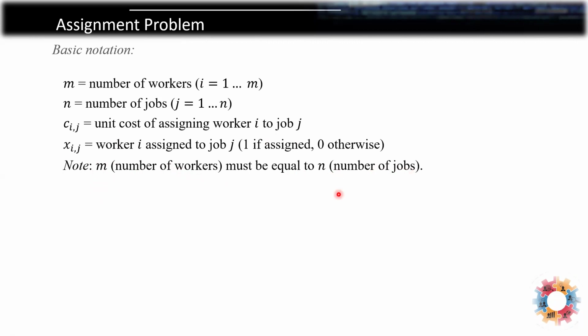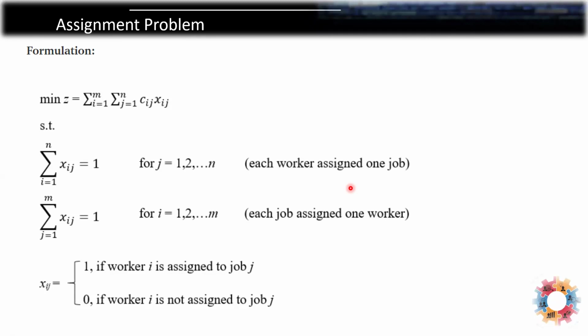And it is unbalanced if, of course, the number of workers is not equal to the number of jobs. In that case, to solve such assignment problem, you have to make sure that the problem is balanced. So you provide a dummy column or a dummy variable depending on which one is less than the other.